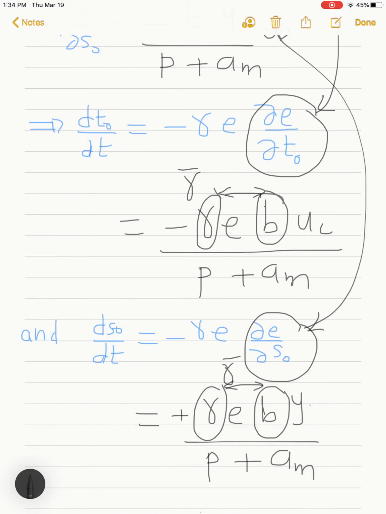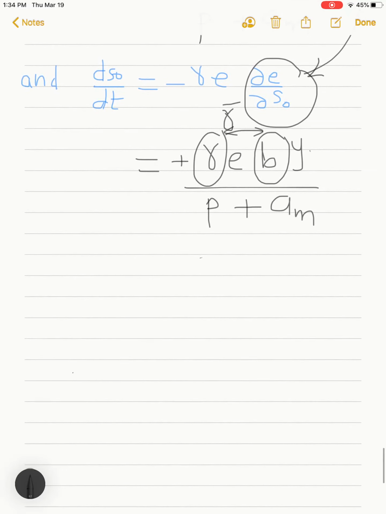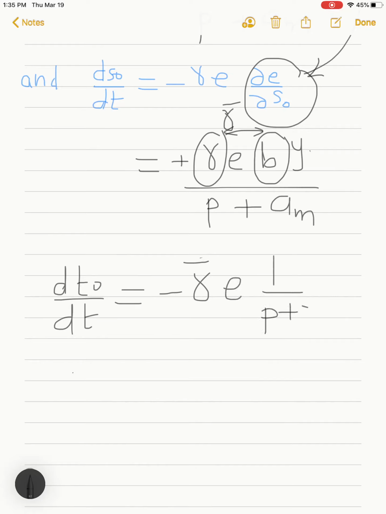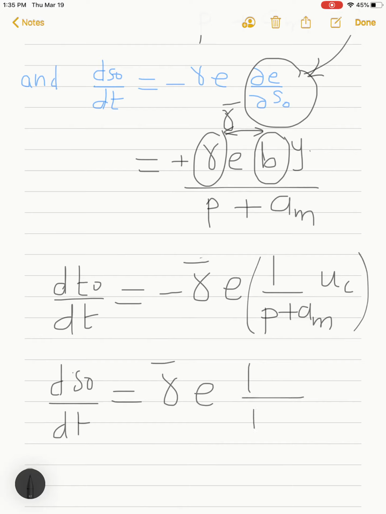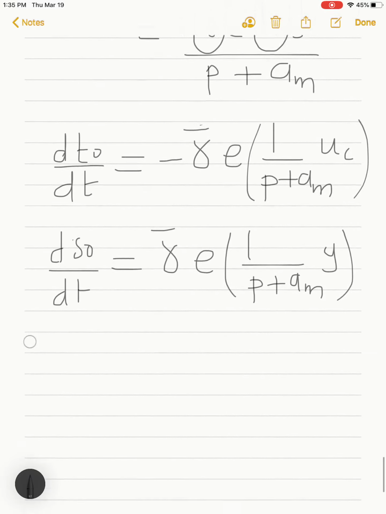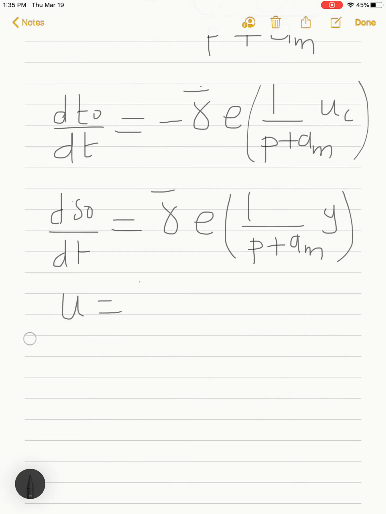What I can do now, I can write the equations for the adaptive law as dt0/dt = -gamma dash e times 1 over (p + am) times uc, and ds0/dt = gamma dash e times 1 over (p + am) times y, and the control law u = t0 uc - s0 y.